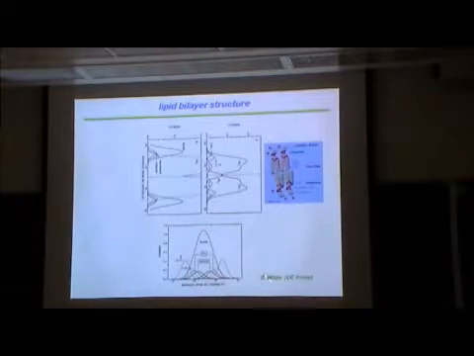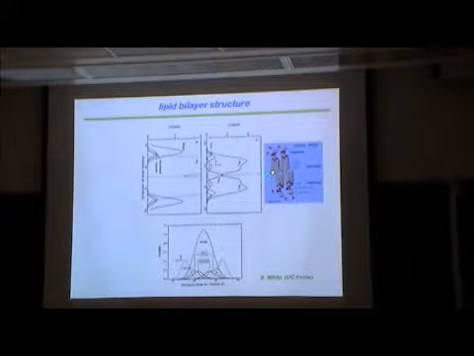So Steve did a combination of X-ray and neutron scattering, and was able to work out the probability density of all the different groups in this bilayer. There's a distribution of the choline, that's the head group, the phosphates, the CH2s, and then the CH3s in the tail.